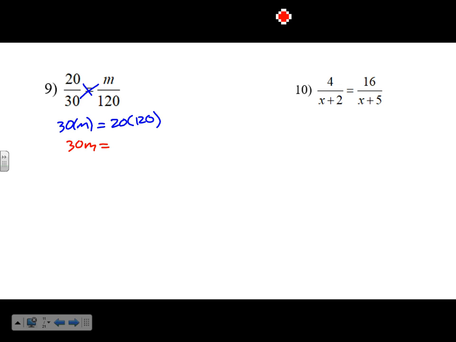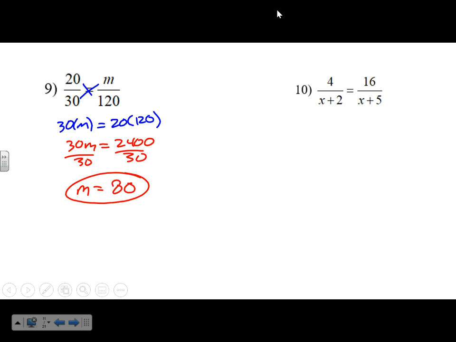Yeah, or 2,400, whichever way you want to look at it. Divide both sides by 30. We get m is equal to 80. So again, a little bit bigger numbers. It's okay. You guys have a calculator. Don't make it harder than it is.